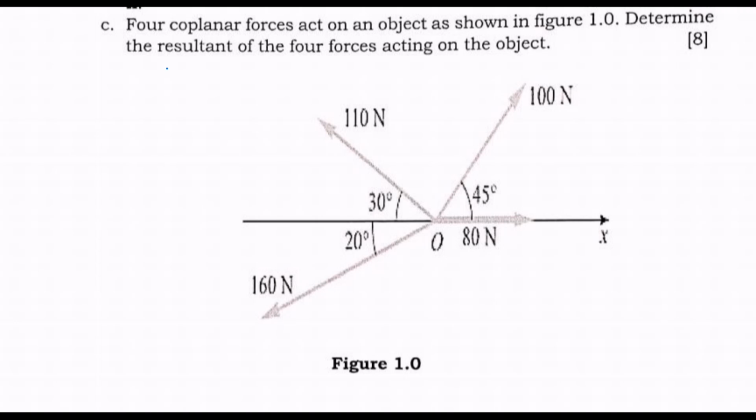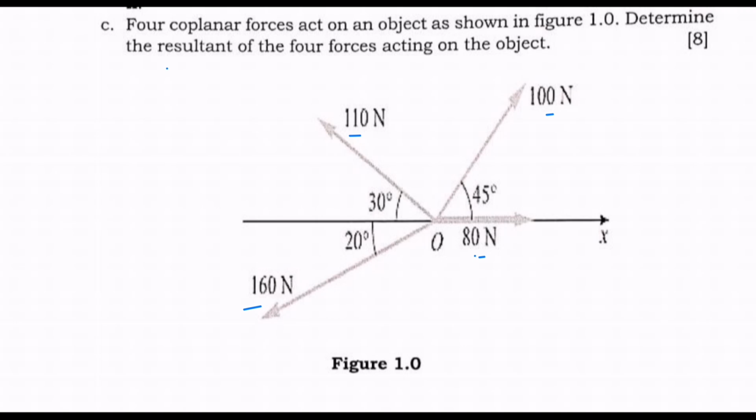You can't go direct like 80 plus 100 plus 110 plus 160. No, with vectors we add components, x component with x component, y component with y component. After that, we'll find the resultant of those components, and even the direction.